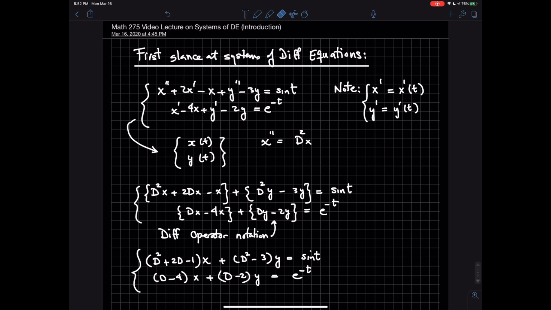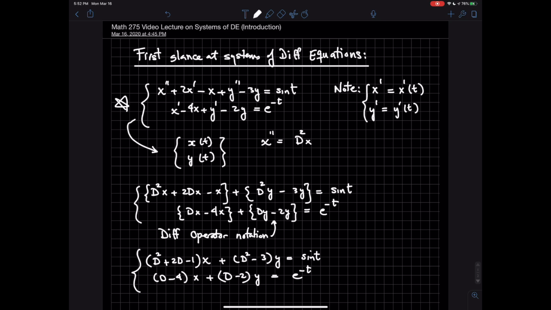Looking at first glance at systems of differential equations, if you look at what I've written up here, x double prime plus 2x prime minus x plus y double prime and so on. Make a note here, guys, that x prime and y prime are not just independent variables. x and y themselves are functions of t.